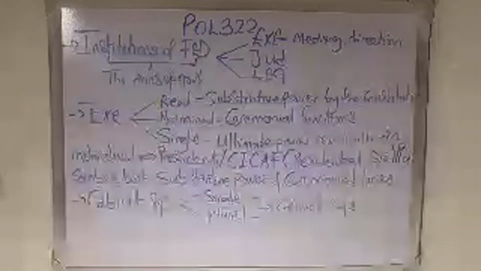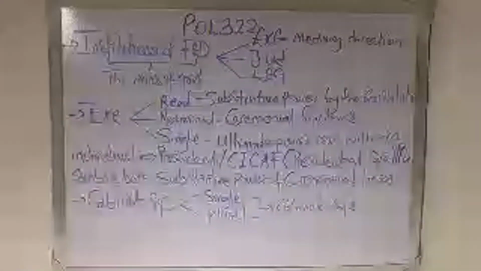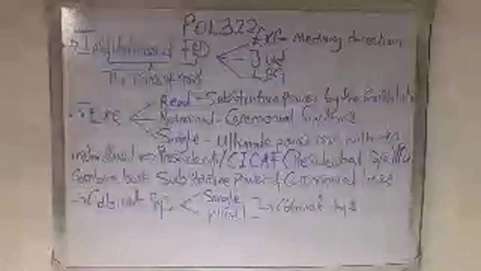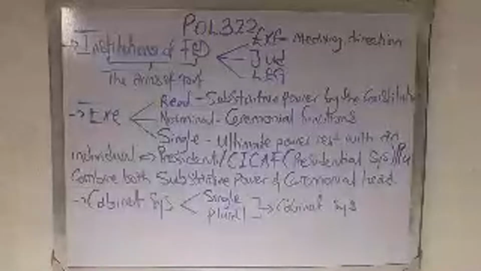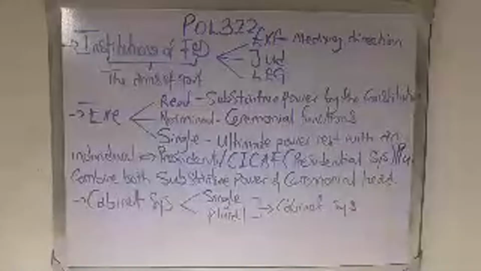All right, then we have the plural, so this is single or plural executive. For the single, the individual does the deciding. But when it comes to the presidential system, which is the plural, there is a ceremonial head and there is an administrative head.